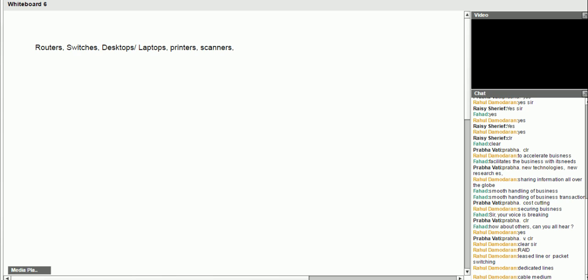I mean, these all come under this. These are all IT resources, or you can say as a term, these are all IT assets.